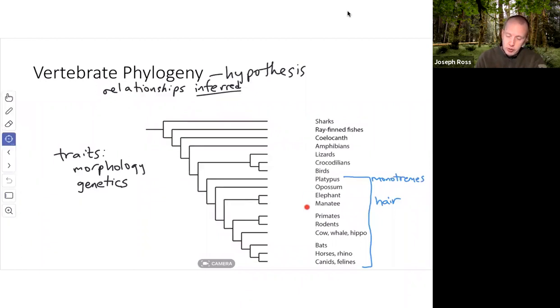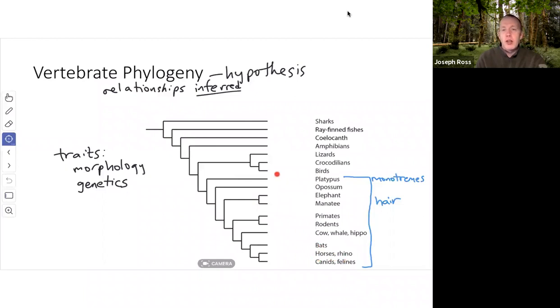This is the group of mammals, right? Crocodiles, lizards, birds, frogs, and fish are not mammals. Platypus, the monotreme, and opossum as an example of a marsupial have hair. And then we've got elephants, manatees, primates, including humans, rodents, cow, whales, hippos, which are all closely related to each other, bats, horses, rhinoceros, and cats and dogs.